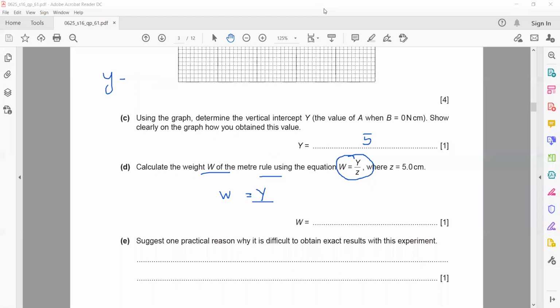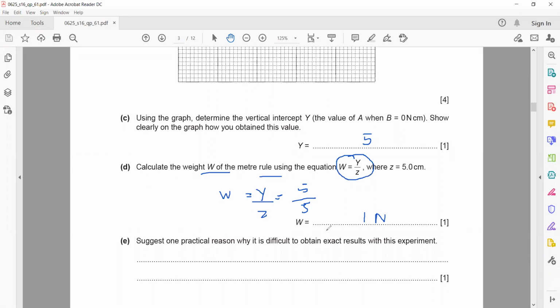So here y-intercept is 5 and we need W, which is y divided by z. What is the value of y? Y is 5. And what is z? That is also 5. So 5 divided by 5, what will be the weight? It will come out to 1 Newton. So they are giving the formula in the questions. Paper 6, you don't have to learn any formula.